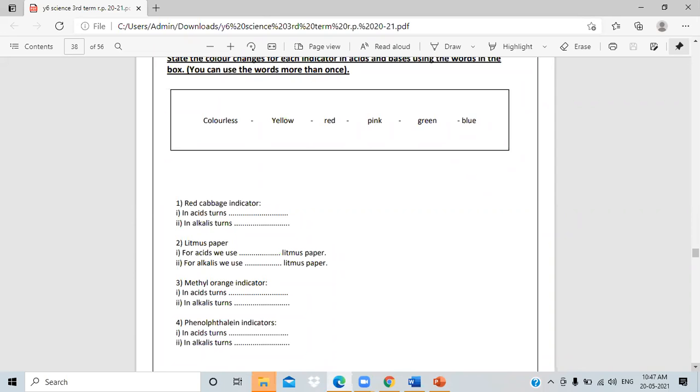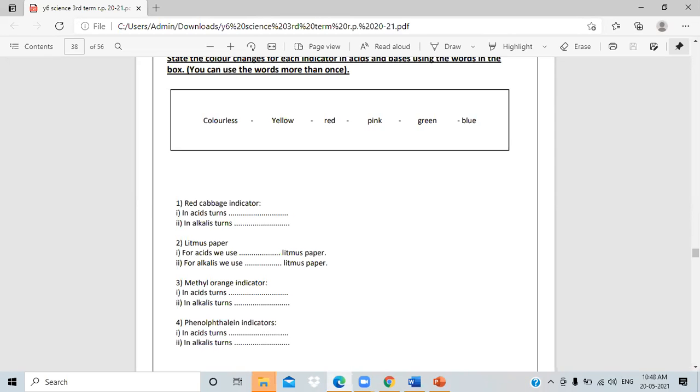Anyway, so this ends at 11. Okay, so we have like 10 minutes left. All right, so we need to answer those pages 38 and 39. In 38, it's really easy, okay?